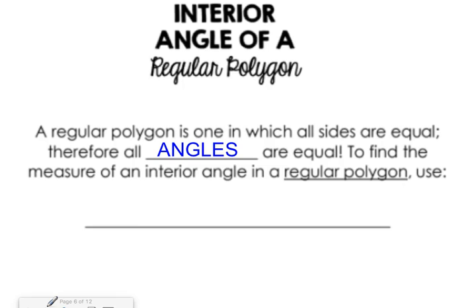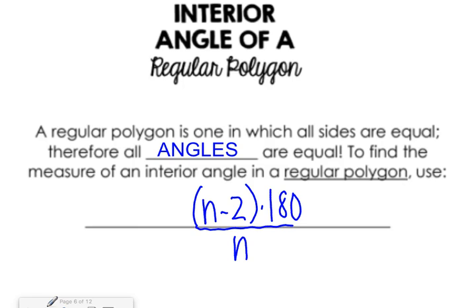So if we want to find just one of those angles, here's our formula. That would give me the total sum, but if I wanted just one of my angles, what would I have to do to my total sum? Yeah, divide by the number of angles, which is the same as the number of sides. So it's the same formula we were just working with, but then we divide it by how many sides we have.